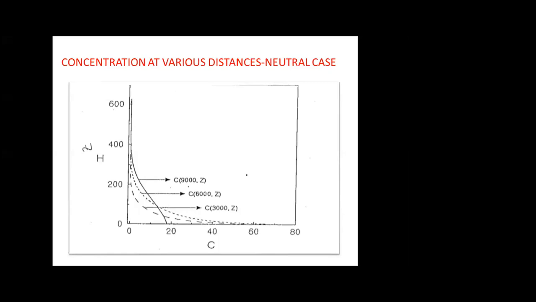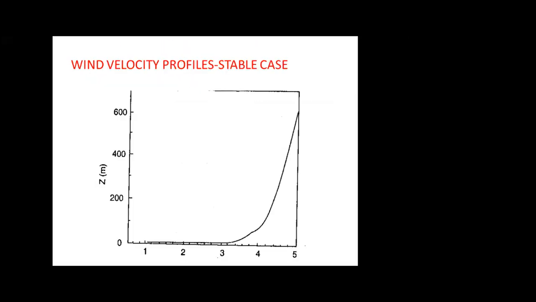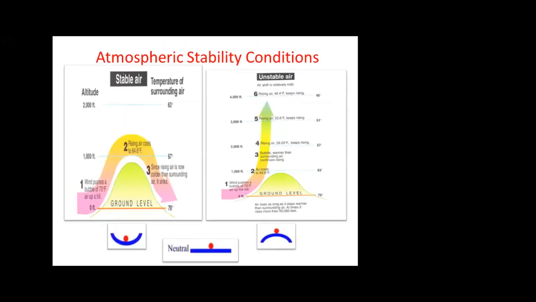But the most important thing in this model is that you should clearly have the 2 input parameters. It is very important that you should know the wind speed at the various heights and the vertical diffusion at the various heights. So let me go to this model that is considered.